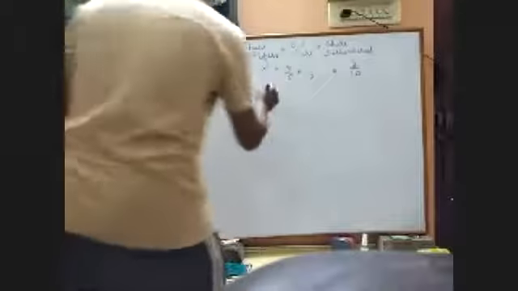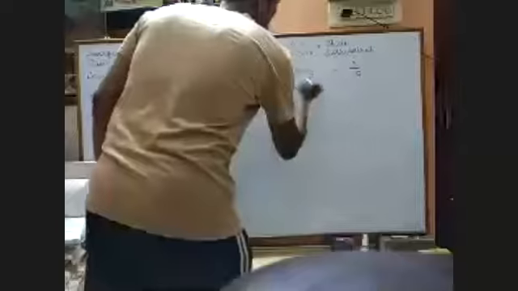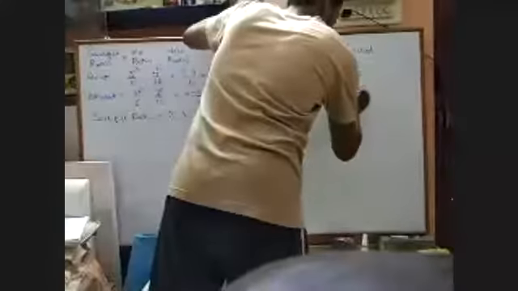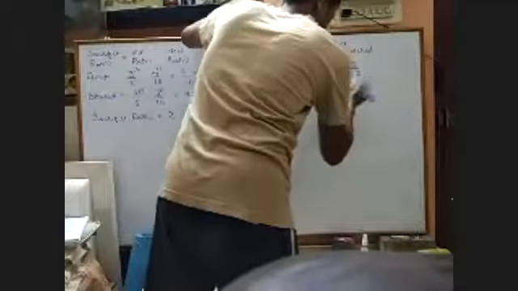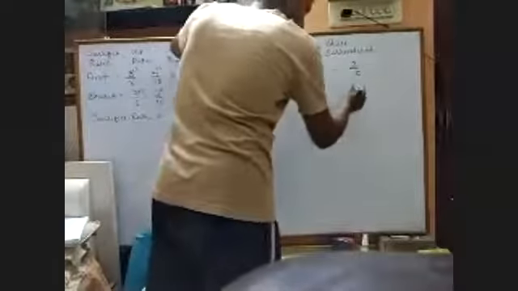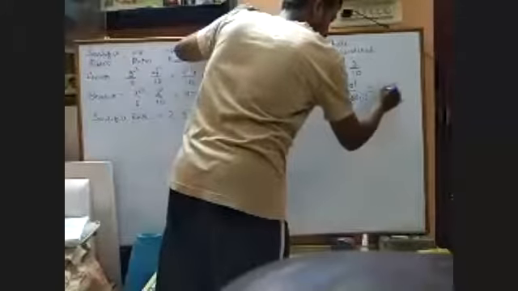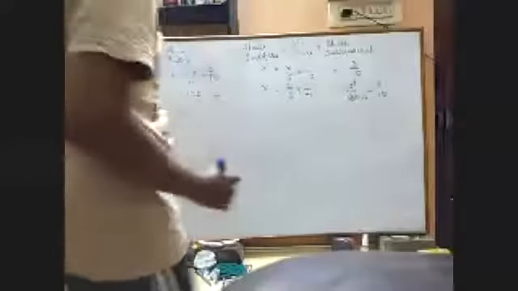Next, Y. 2/5 into 1/4 because he has surrendered 1/4. So that will be 2/20. In order to make it 10, I will make it as 10 by dividing. So it will be 1/10.